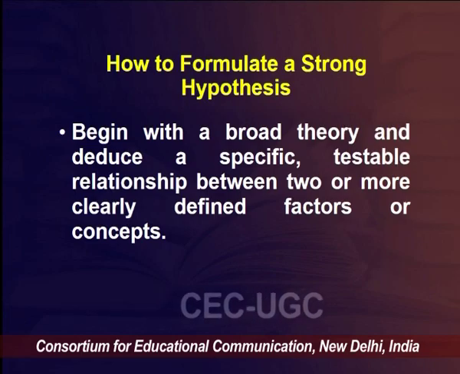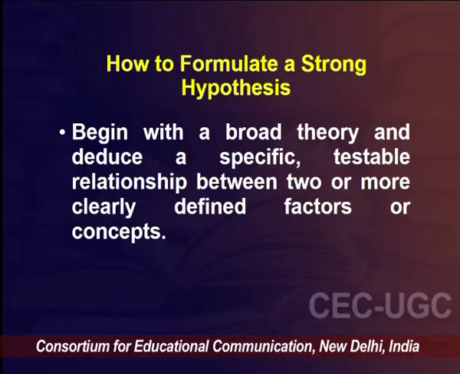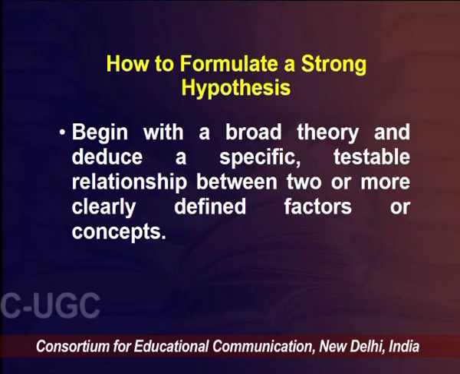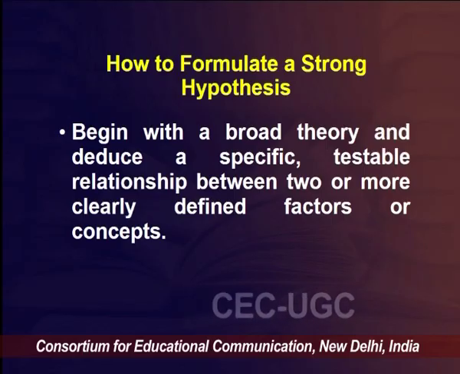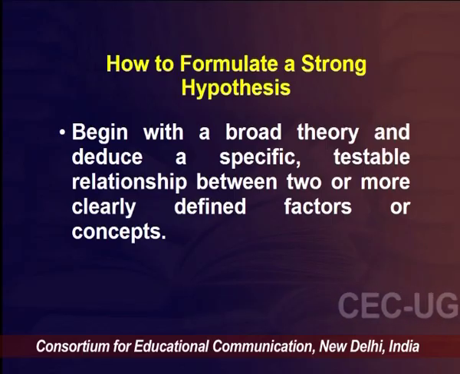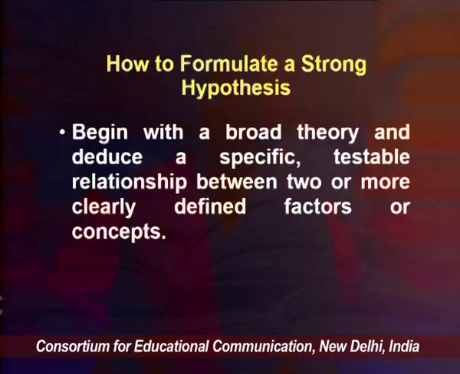Therefore, we need to be very careful and formulate strong hypotheses. How do we do that? So, we begin with a broad theory and deduce a specific testable relationship between two or more clearly defined factors or concepts.